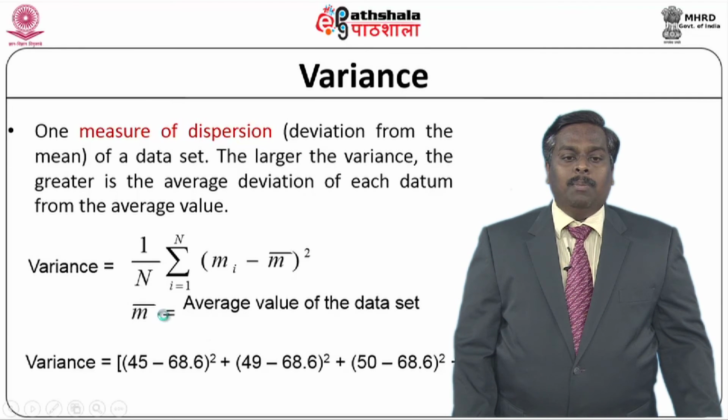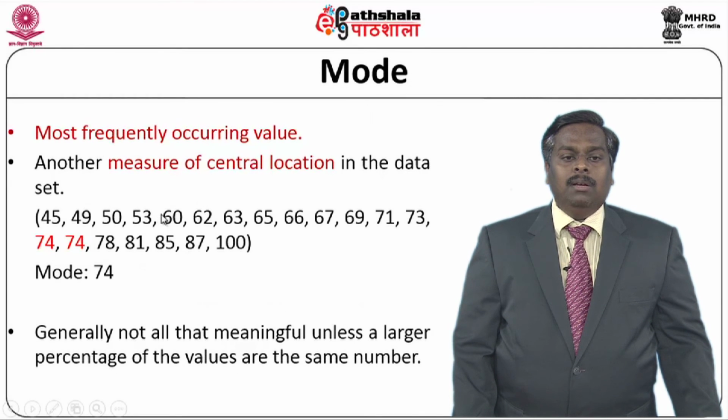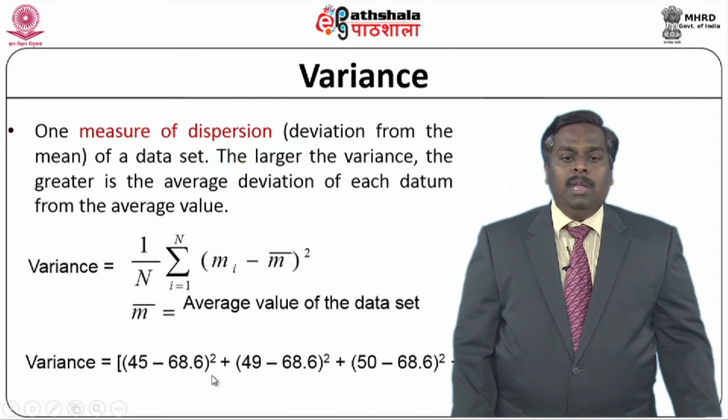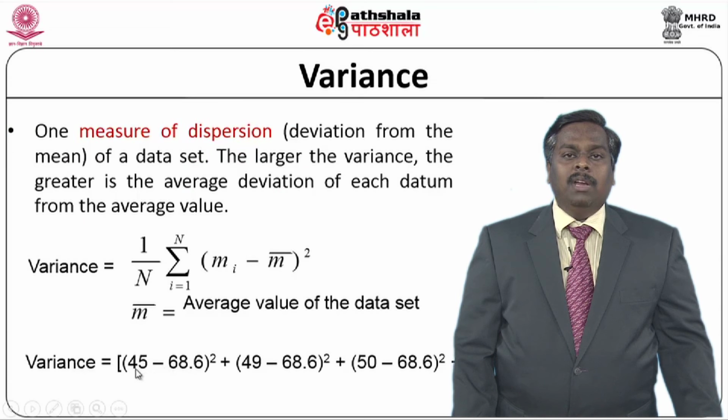For example, for the previous data set, we can compute the mean. The mean is going to be 68.6, which we have discussed earlier. Now, take each and every data point from the data set. For example, 45 is one data point; subtract the mean from it. The second data point is 49; compute the difference of 49 with respect to the mean, and so on. There are 20 values.